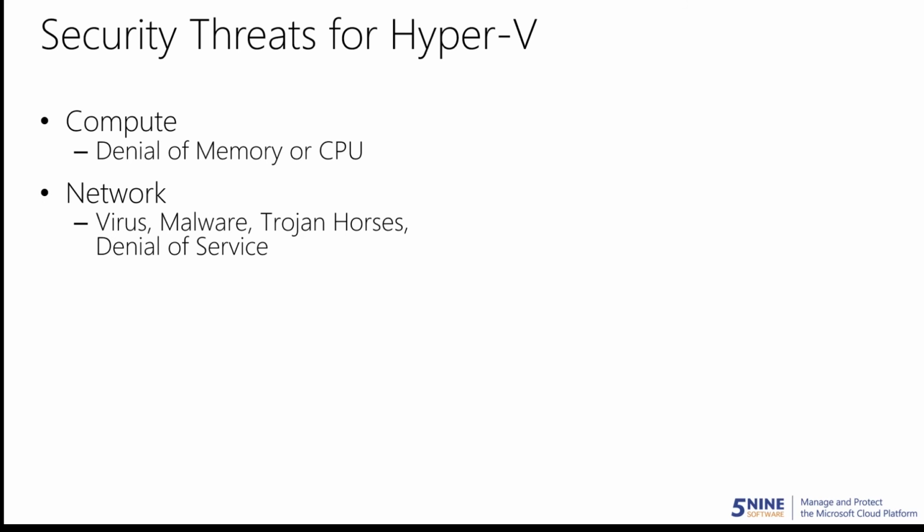The next type of threats that you're going to see are things which attack the network. Now, you're probably familiar with these first couple of ones, you know, the viruses, malware, Trojan horse. Those are basically files that you're going to copy through your network that do disruptive things to your environment. And they can cause other types of attacks, such as memory starving attacks. Now, the most common type of network attack that we see, though, are denial of service attacks.